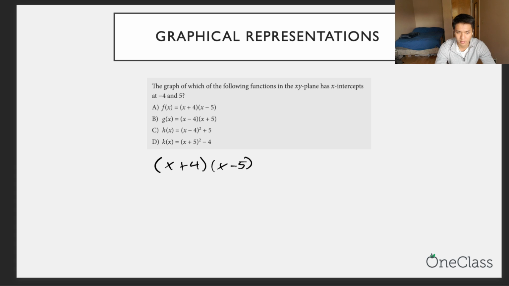That means that when graphed, this graph will intersect the x-axis at -4 right here and positive 5 right here. And that's what this information tells us. This is basically saying, do you know the relationship between the function equation and the function's graph? And if we do, then that should be a very straightforward question.